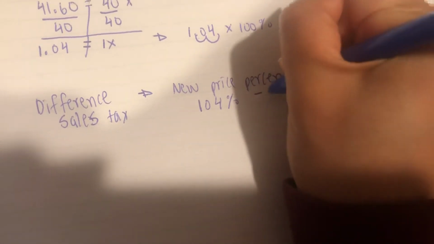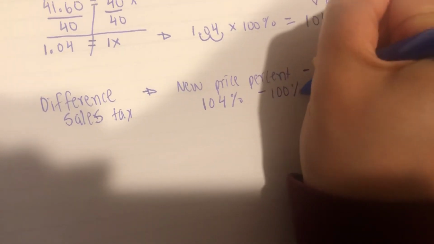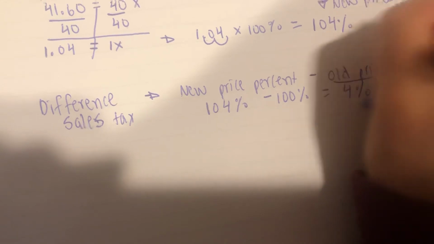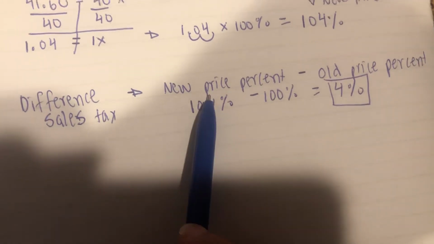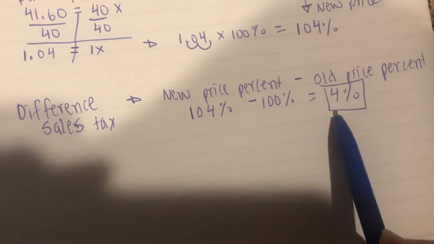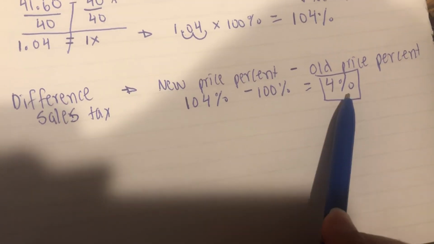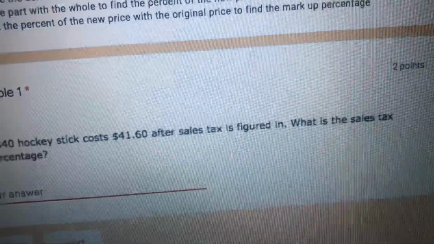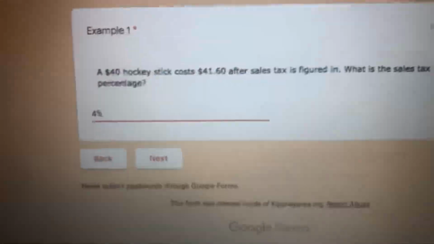And so it would just be 104% minus 100%, which is technically, like, we already found that the sales tax was 4%, not 104. 104 is the new price because it's the original price plus the price of the sales tax. And so the final answer would just be 4%. And that's it.